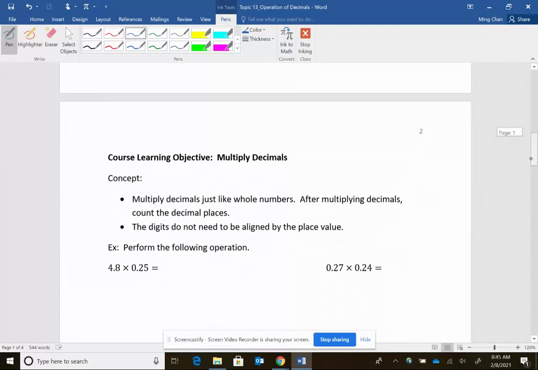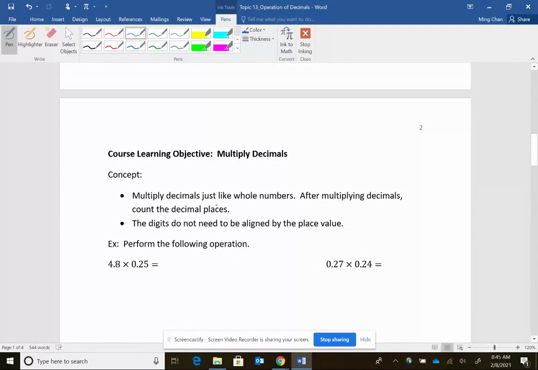All right, multiplying decimals is just like multiplying whole numbers. Now, this is a little bit tricky. After we multiply decimals, we're going to count the decimal places. The way we're going to do it is, we actually don't line them up. We're just going to pretend we're multiplying them like whole numbers.